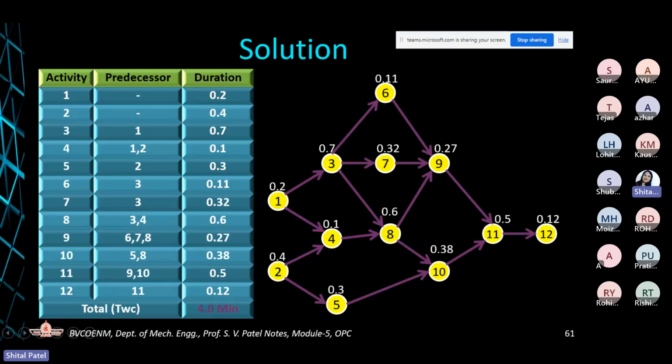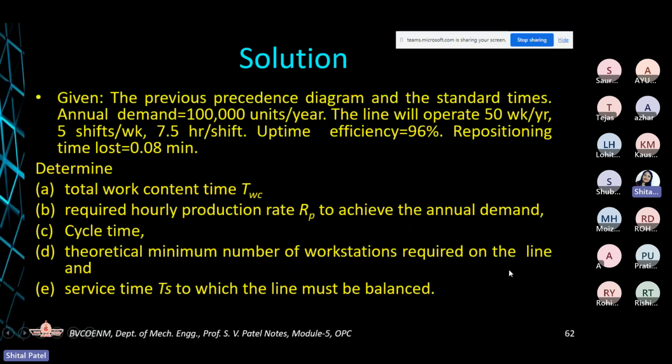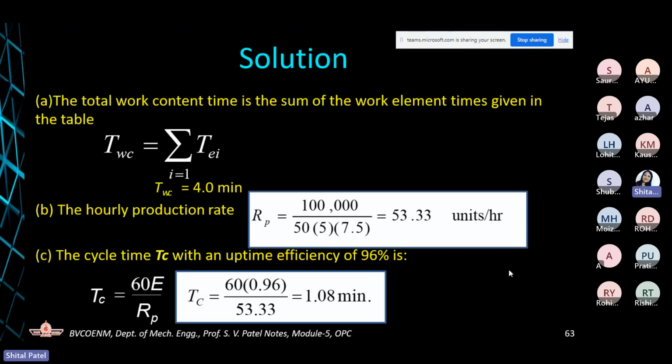So for single product production, you will require 4 minutes, right? Okay. So WCT we have calculated over here as 4 minutes. So that is our work content time.